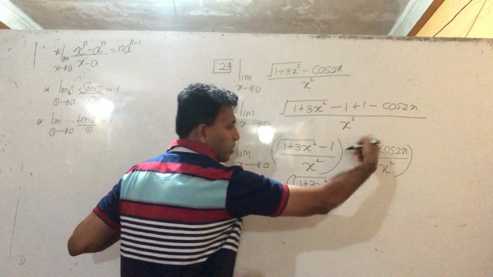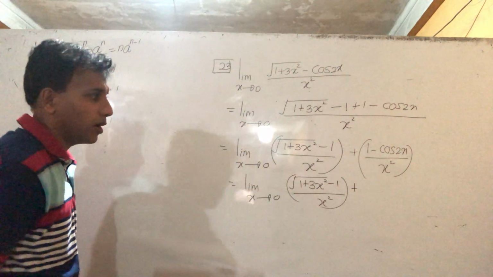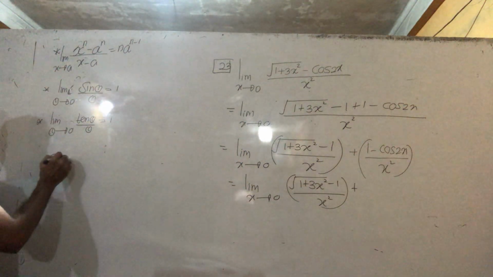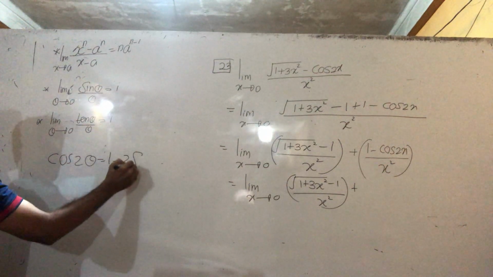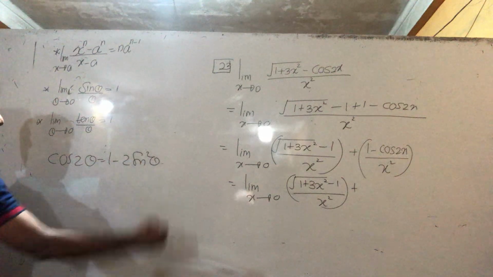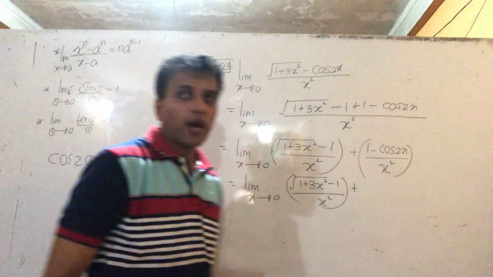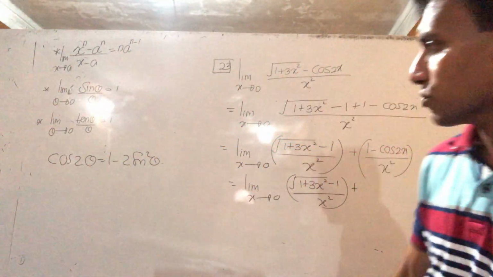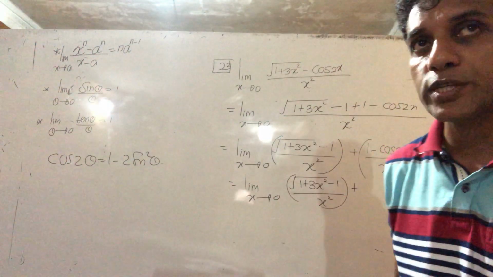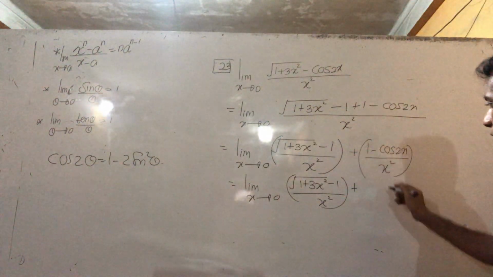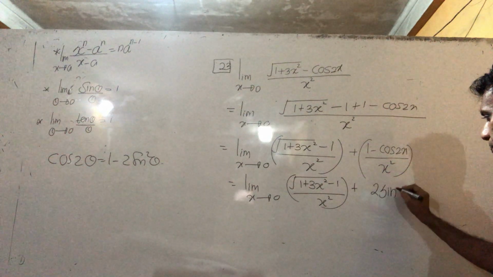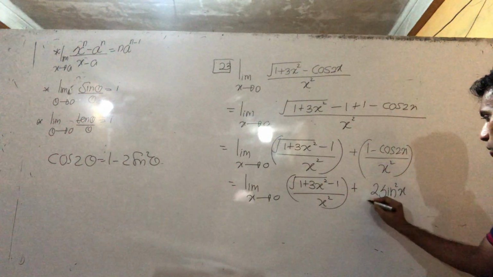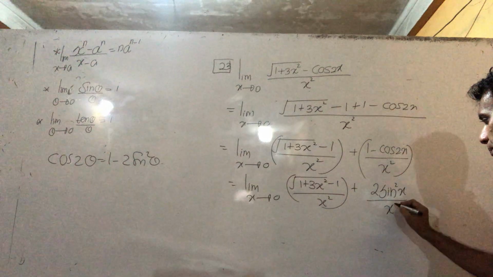Now I change this one using the double angle formula. What is cos 2 theta? 1 minus 2 sine square theta. Therefore 1 minus cos 2x is 2 sine square x over x square.